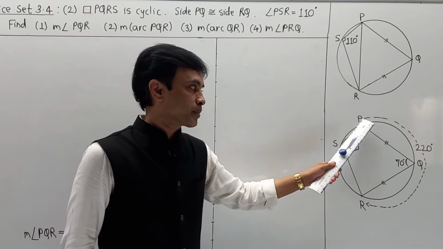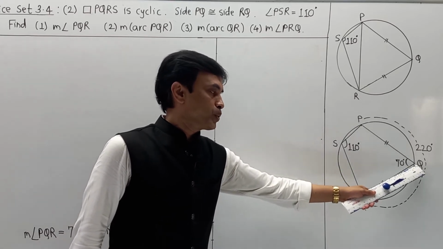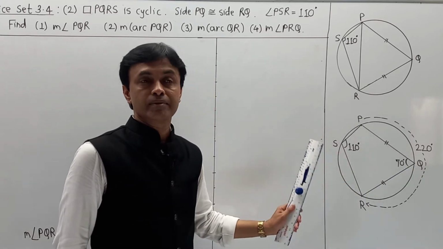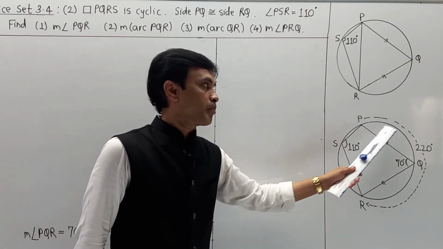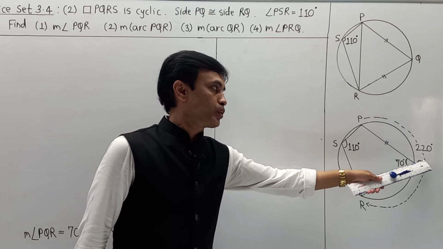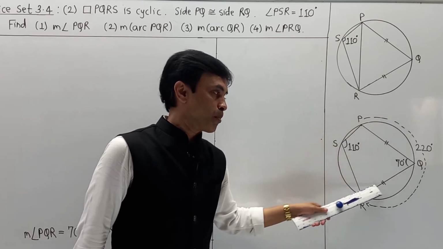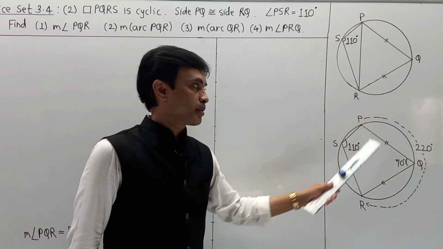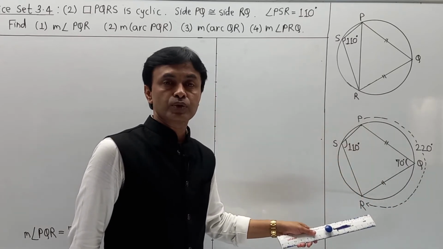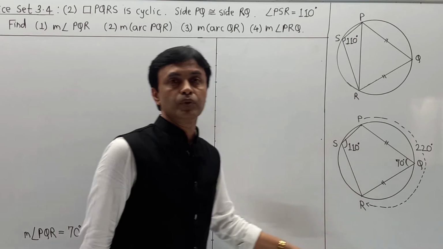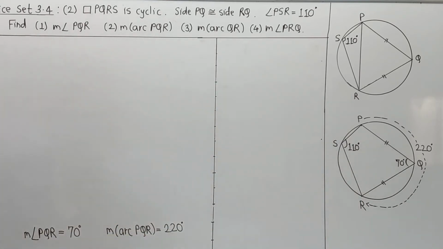But we know that chord PQ is equal to chord QR as given by them. If PQ equal to QR, then minor arc PQ must be equal to minor arc QR. Means this arc PQ must be equal to QR. Using that part and calculating the value of QR over here.